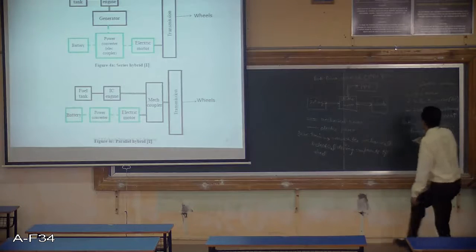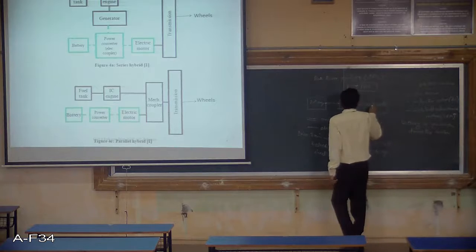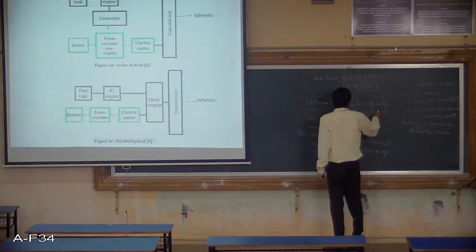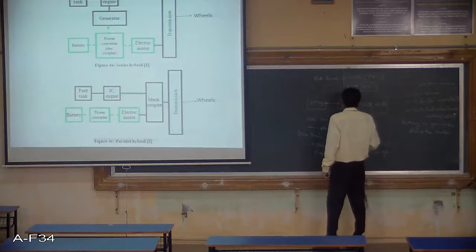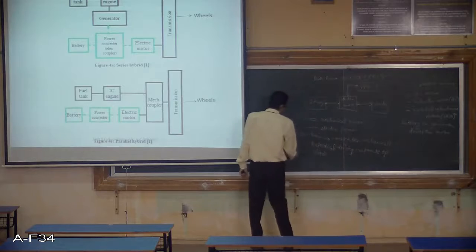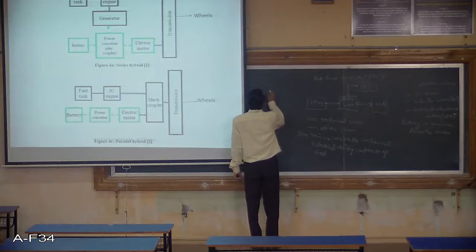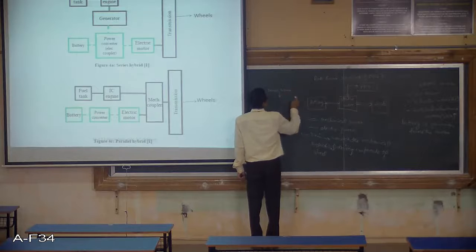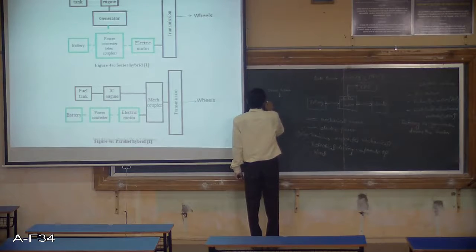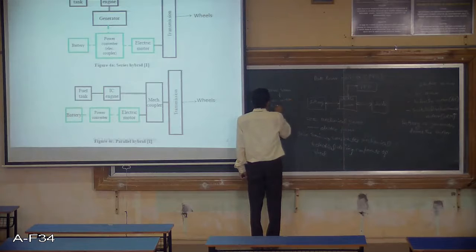Now here, the drivetrain can be only the components which are the electric motor and wheels. So this drivetrain constitutes, in this case, the electric motor and wheels.